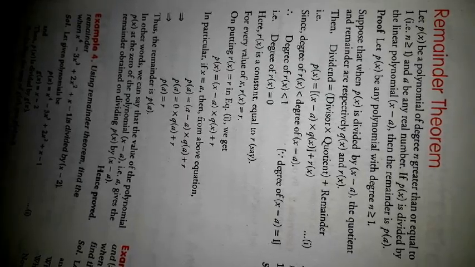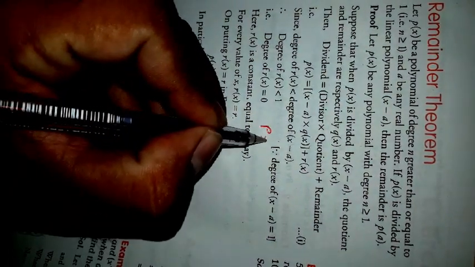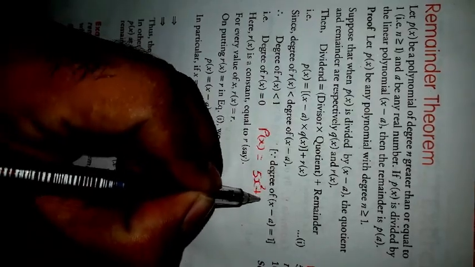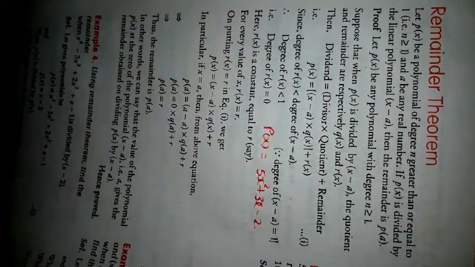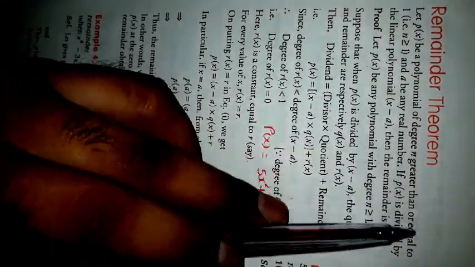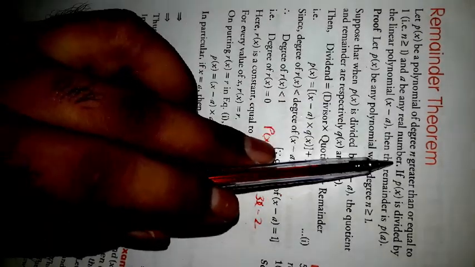For example, we can write p(x) equals 5x square plus 3x minus 2. It can be any polynomial. So p(x) be a polynomial of degree n greater than or equal to 1 and a be any real number.